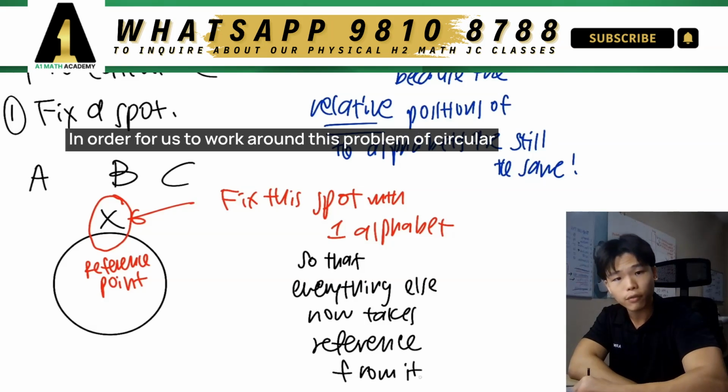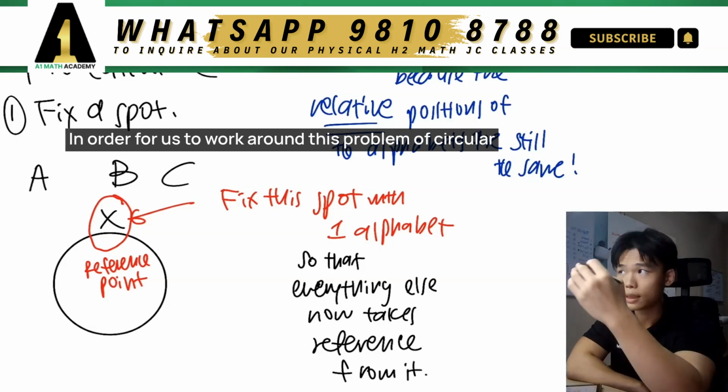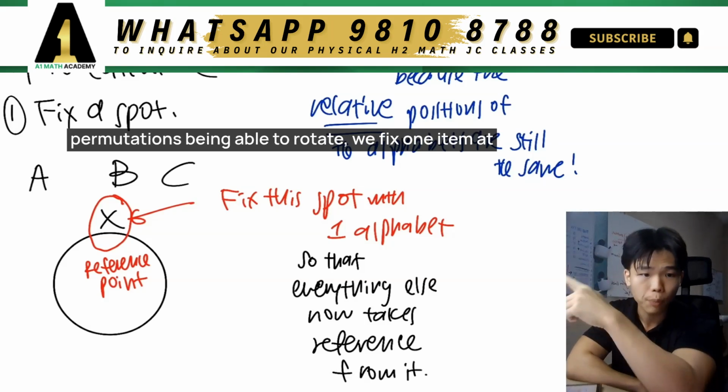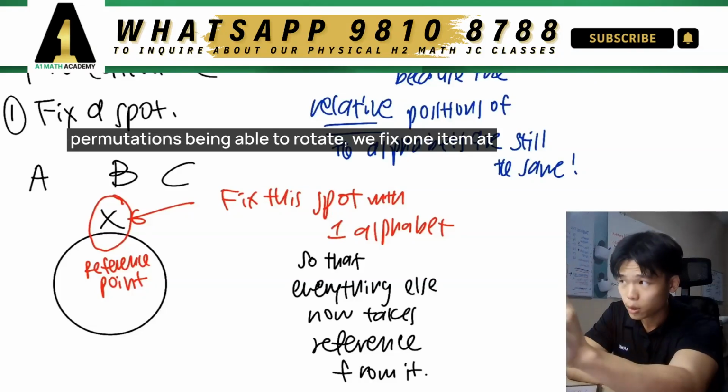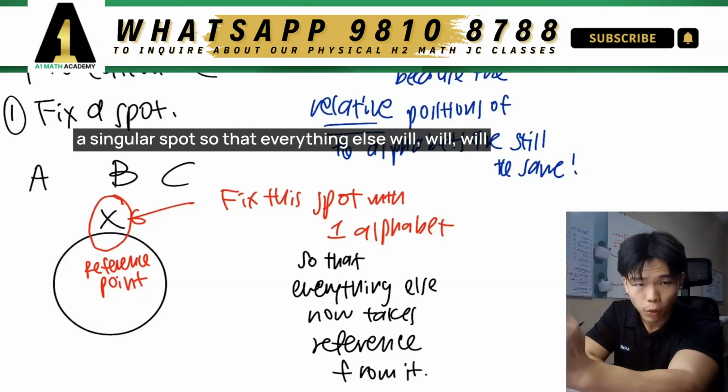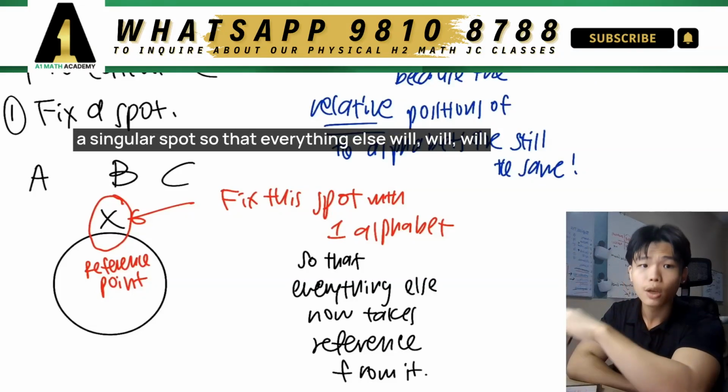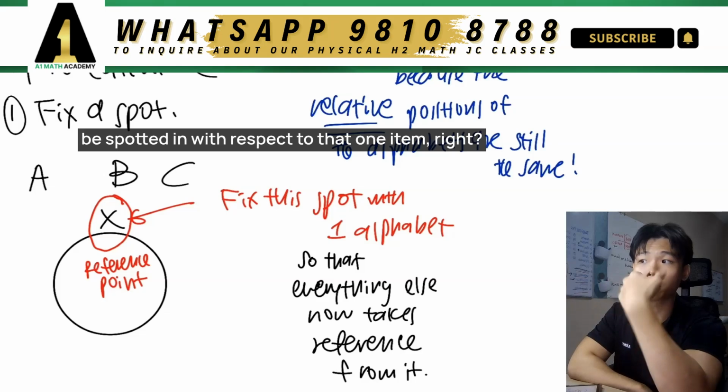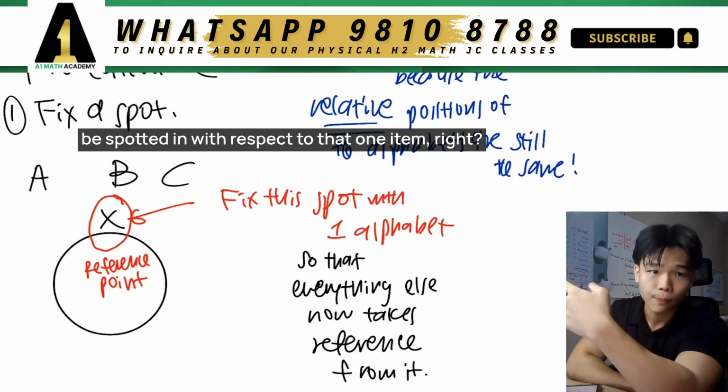In order to work around the problem of circular permutations being able to rotate, we fix one item at a singular spot so that everything else will be slotted in with respect to that one item.